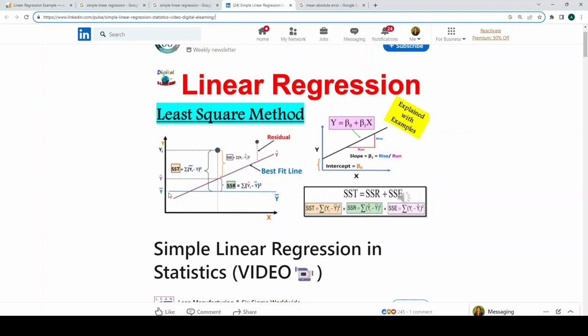Say we don't have any model, we don't know any modeling concept, then if somebody asks what is the average income, that is this average income, y bar. But now when we have this model and we are applying some correlations and we are trying to find the relationships, then we have this model line and this average line.